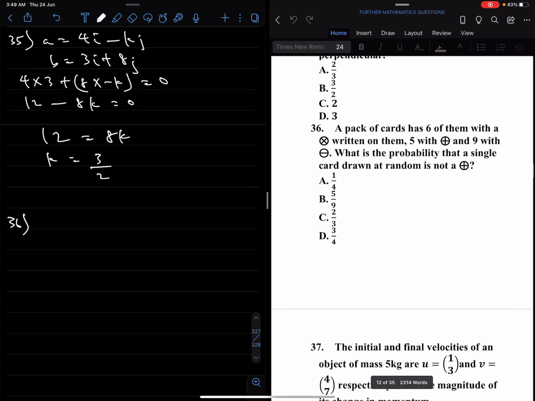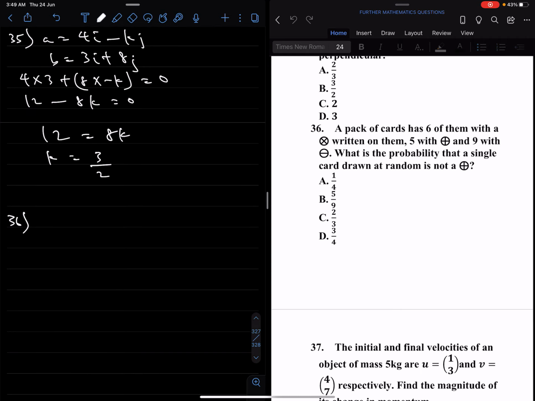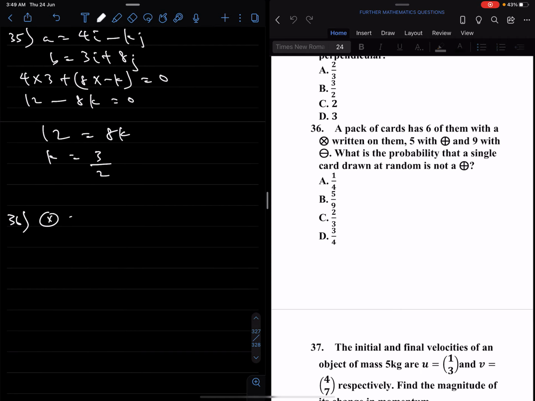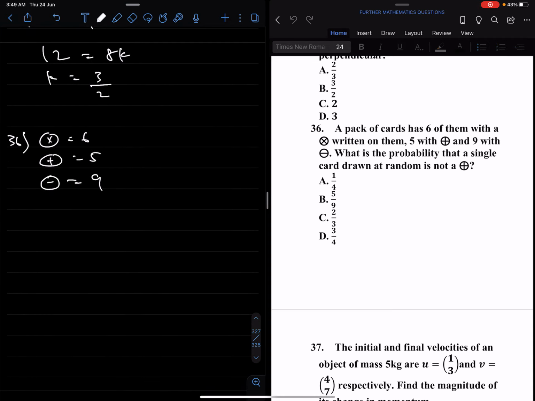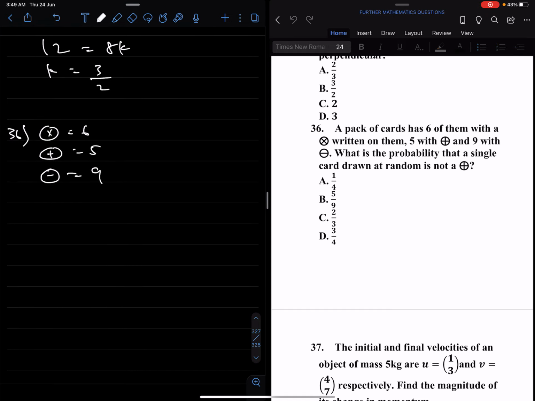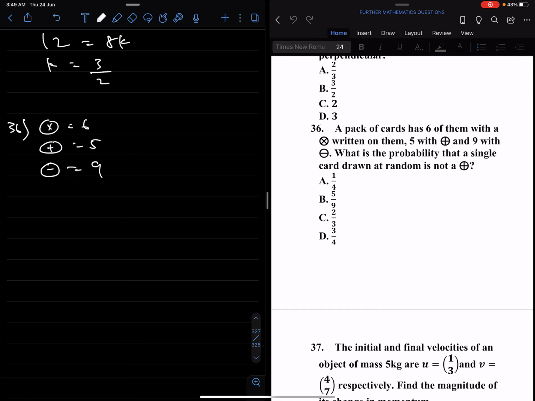A pack of cards has 6 of them with circle times written on it, and 5 with circle plus, and then 9 with circle minus. What is the probability that a single card drawn at random is not a circle plus? Let's find the probability that it's a circle plus first of all.